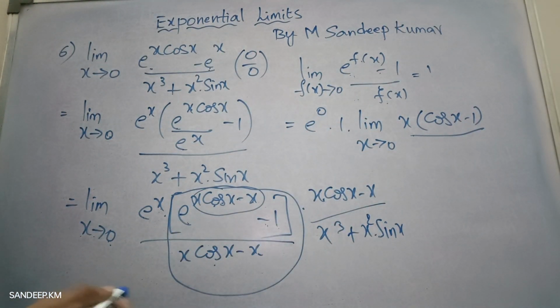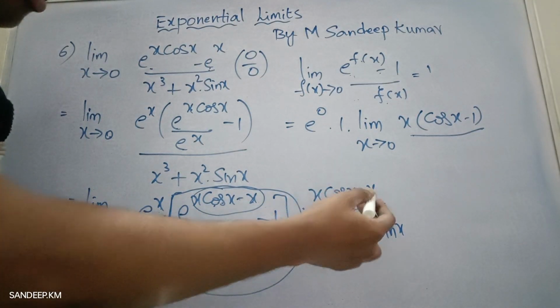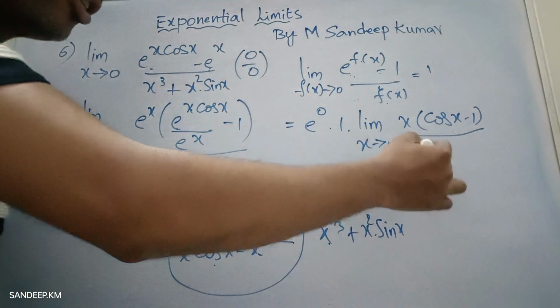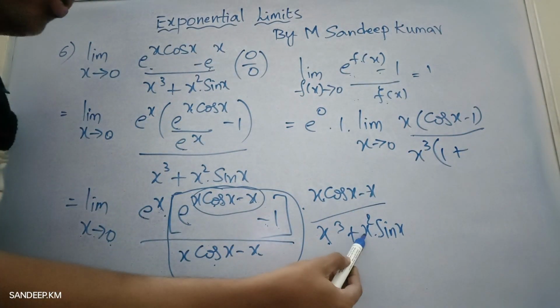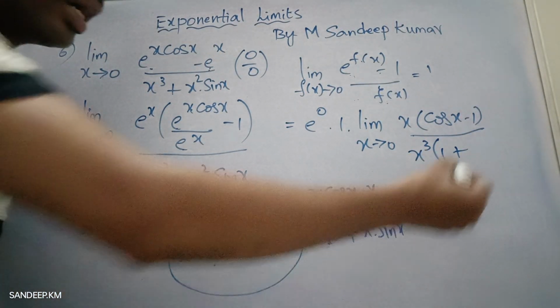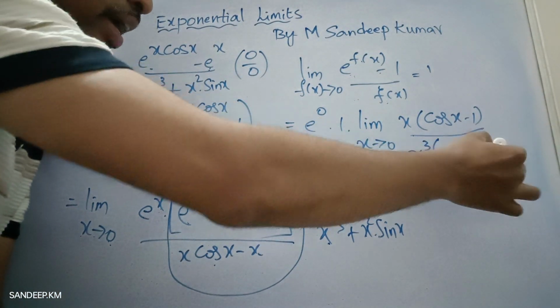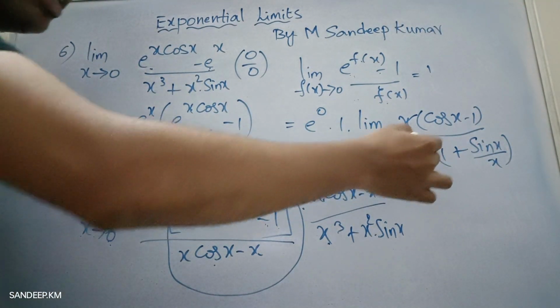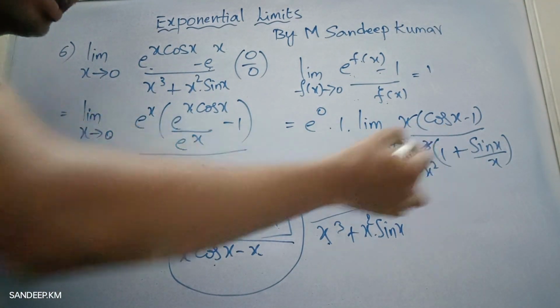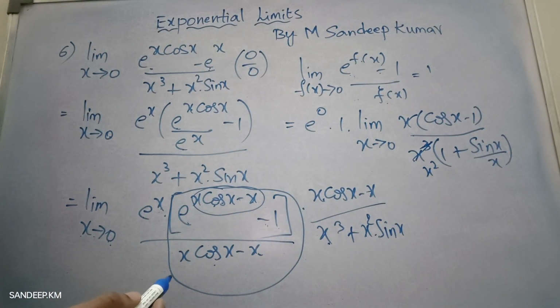Now let us continue. I have taken x common, and in the denominator I will take x cube common. If I take x cube common, this becomes 1 plus, I took x cube common now, so this term becomes sin x divided by x. Now x and x cube will get cancelled, to give you x square.